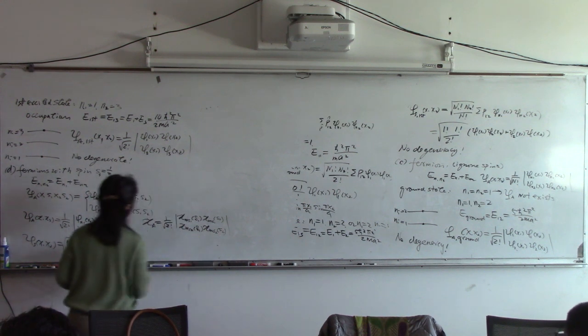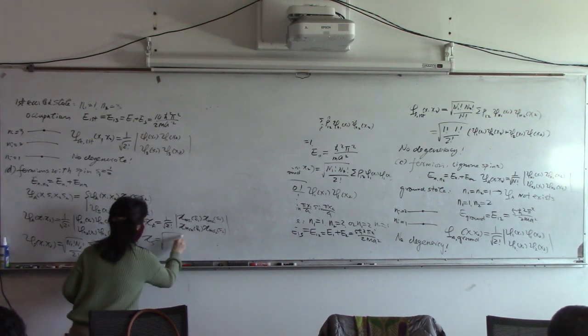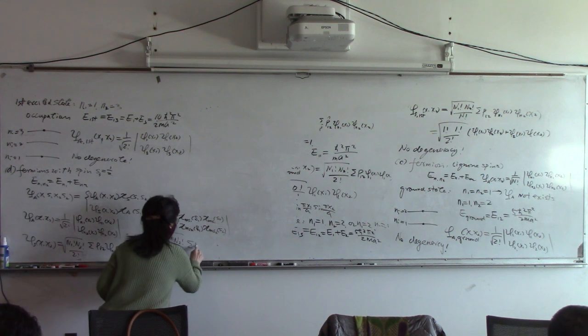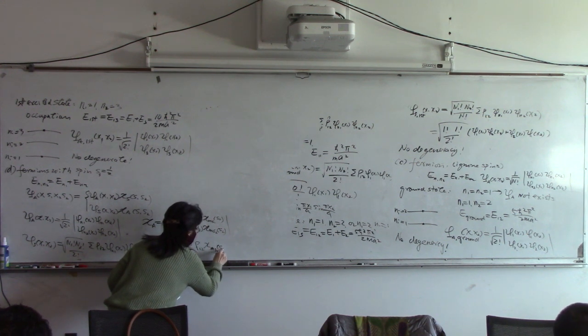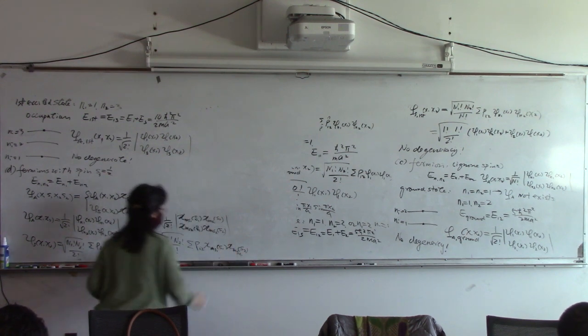Symmetric: again we have 1 over n1 factorial, n2 factorial, 2 factorial, summation over P12 of chi ms1 s1 chi ms2 s2.